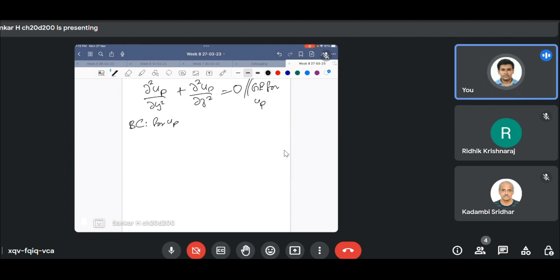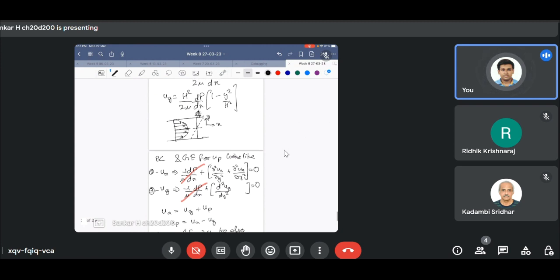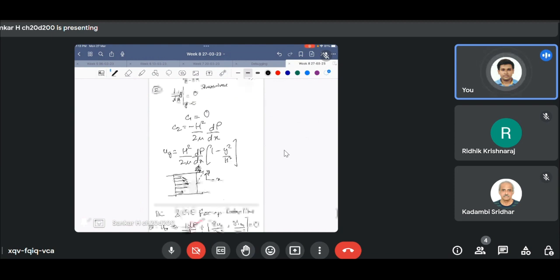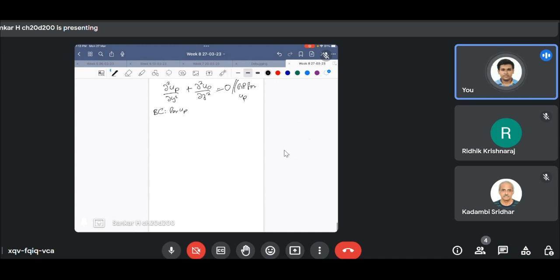Before I go to define that, we have already seen the boundary conditions for ug, which were already discussed, but I have not yet told how the boundary conditions for ua would come out. So let me quickly tell how the boundary conditions for ua come out.